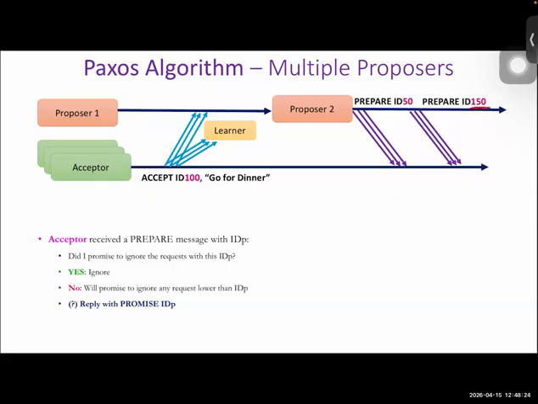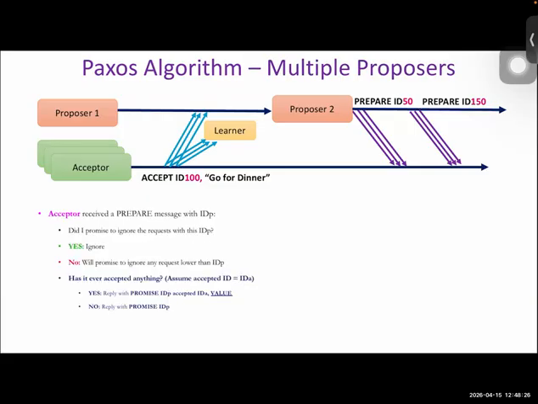that is 150. When the acceptors receive this message, they check whether they have promised with this message or not. If promised, then they ignore it.